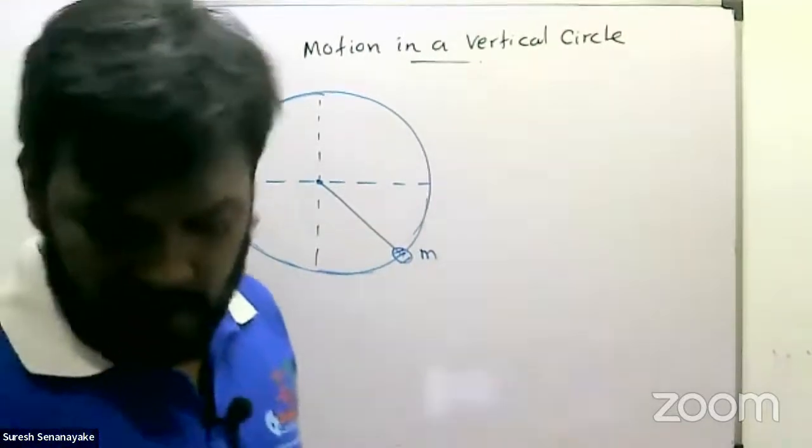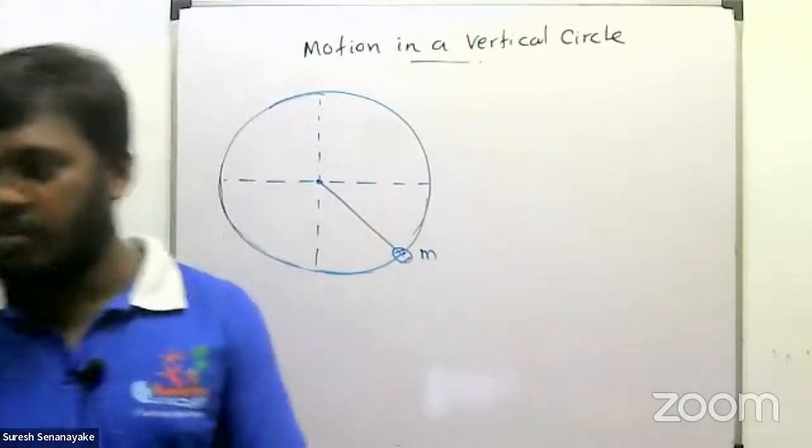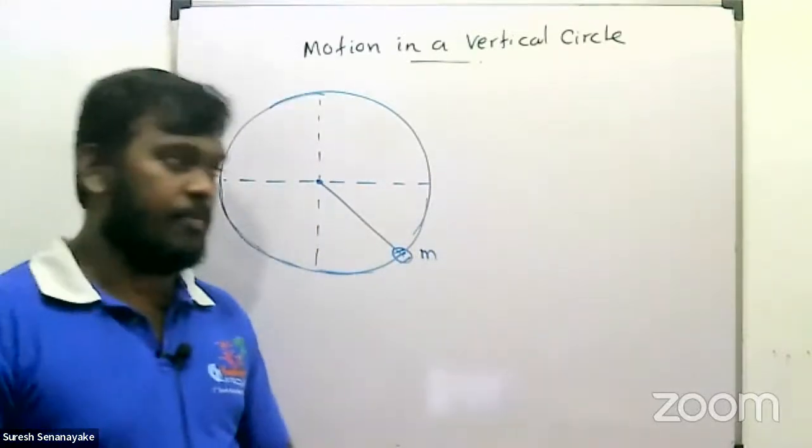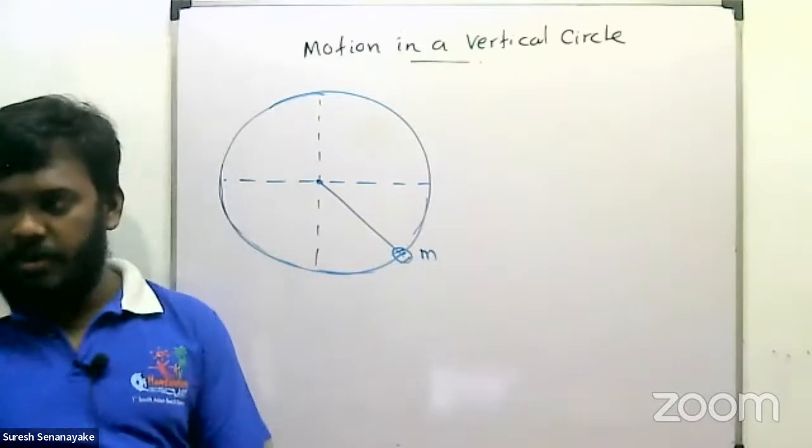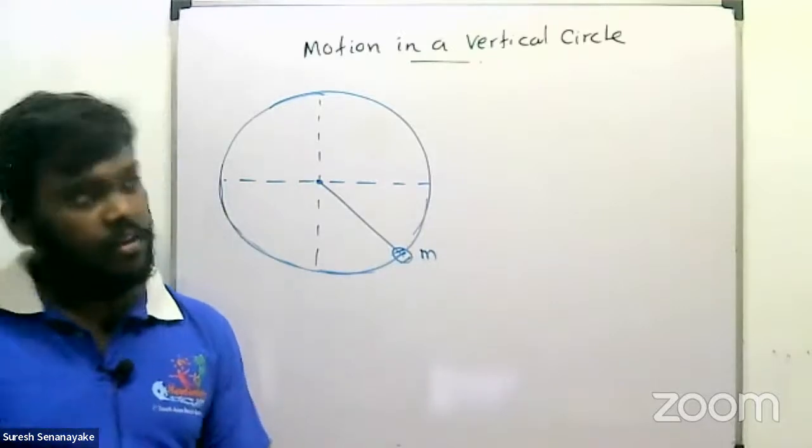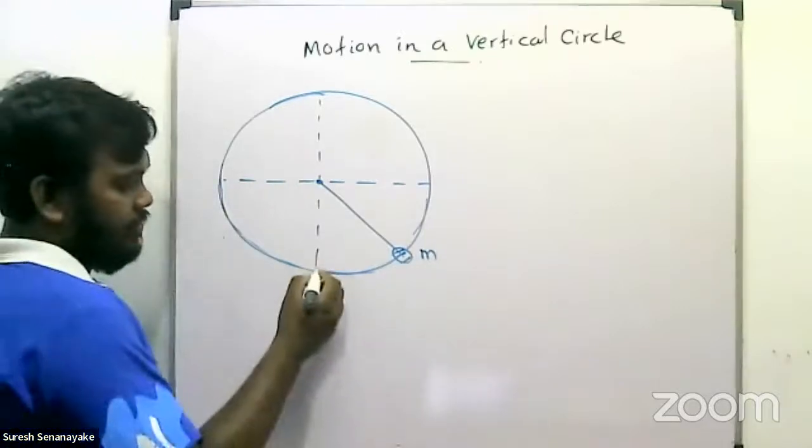Right, let simple u be the velocity of the body at its lowest position.